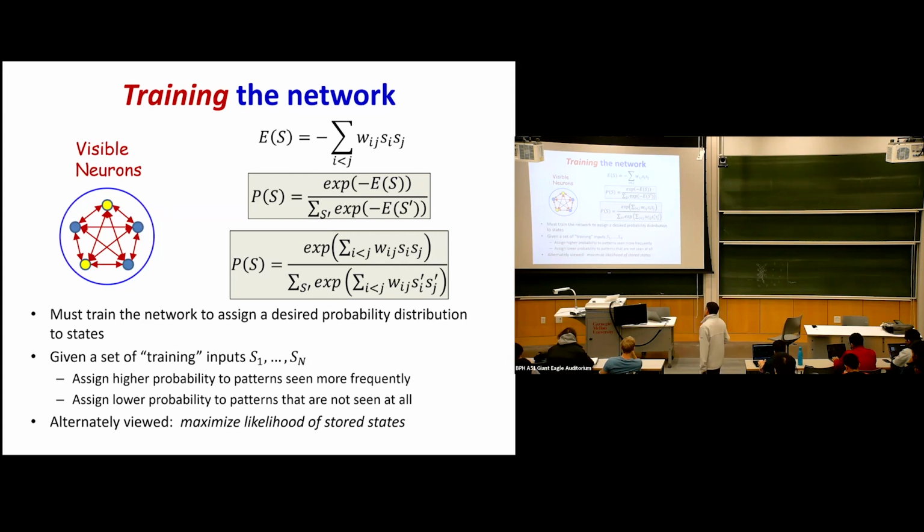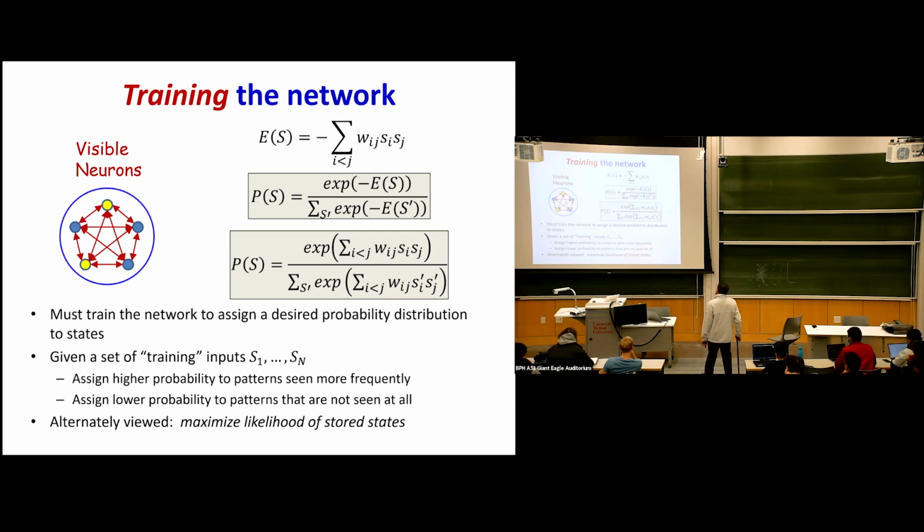And if you do this right, hopefully it learns the distribution. So basically, if it's assigning higher probability to more frequent patterns and lower probability to less frequent patterns, what we are trying to perform is maximum likelihood training. You're training the network to maximize the likelihood of your data.